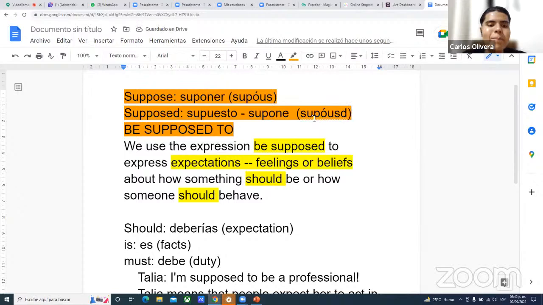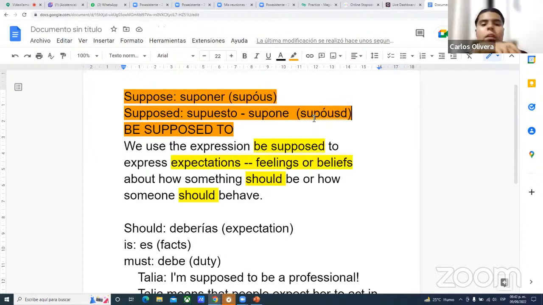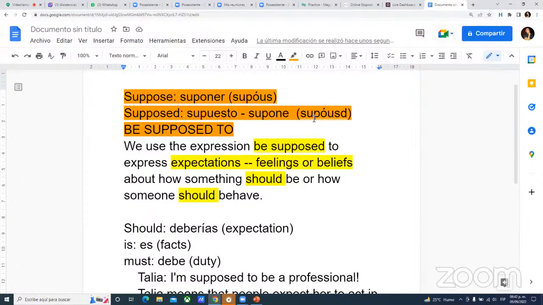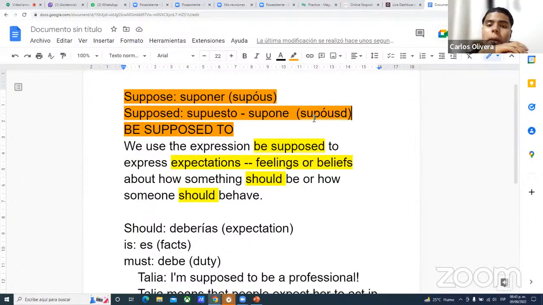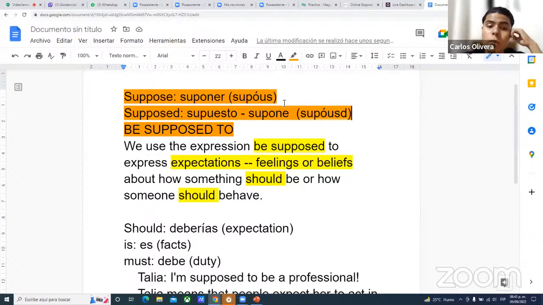Could you please pronounce it for me? Suppose. And the second one, the one with the past tense: supposed. You pronounce the word suppose, but at the end you add a very subtle D. Supposed. Yes, exactly. Very good. So that is the pronunciation. Suppose means suponer, and supposed, supuesto or supone.